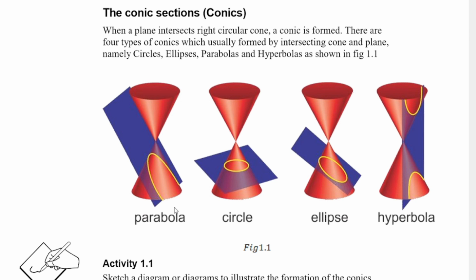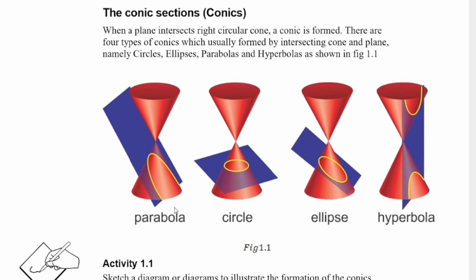The shapes that you get from these cuts are what we call the conic sections. So you can have a shape like a circle, an ellipse, a parabola, and a hyperbola. And these are the ones we will talk about in the subsequent sections of this video.